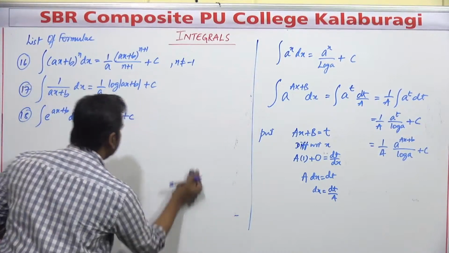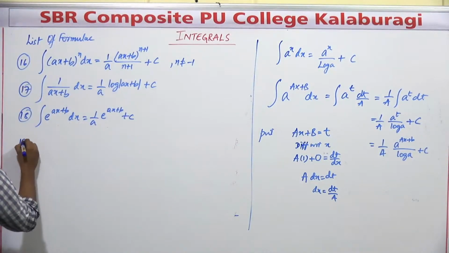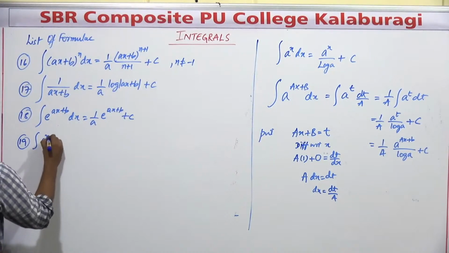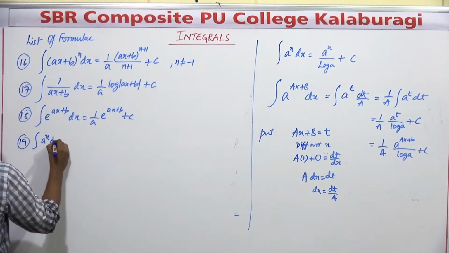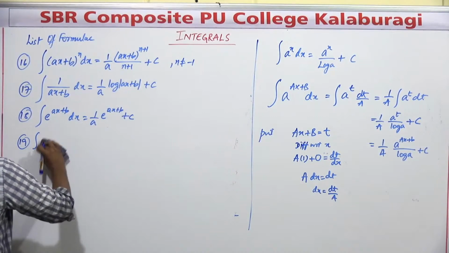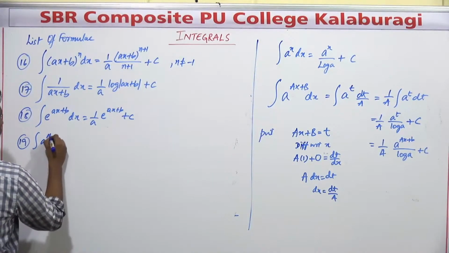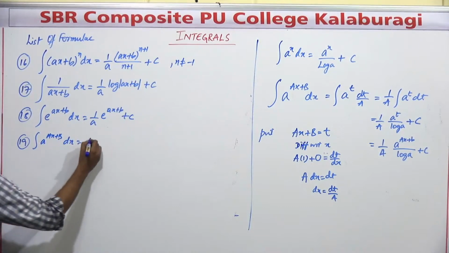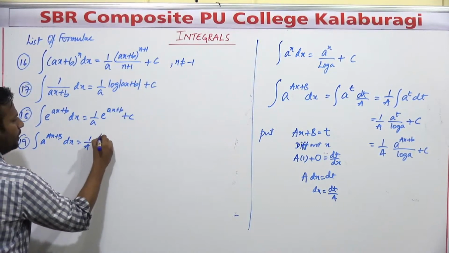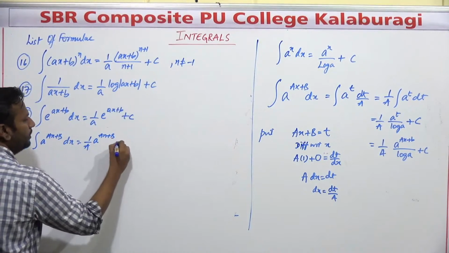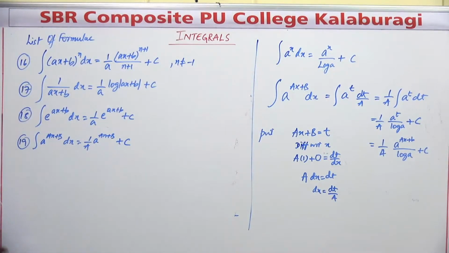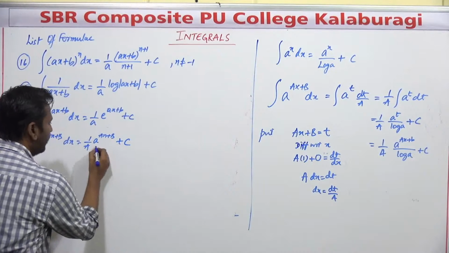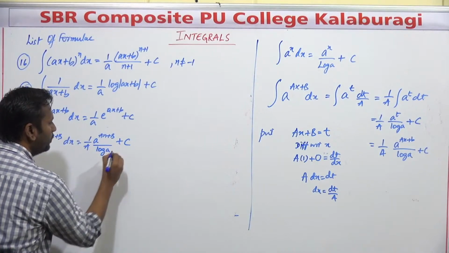That is, the integral of a raised to ax plus b with respect to x is 1 by a, a raised to ax plus b, divided by log a, small a, plus c.